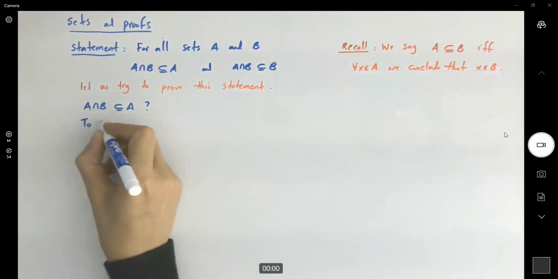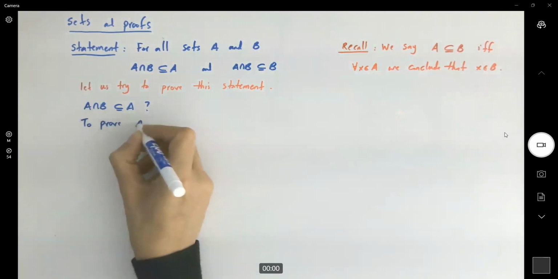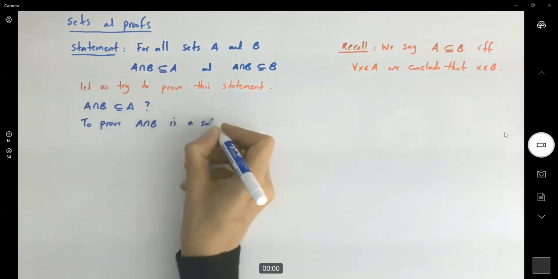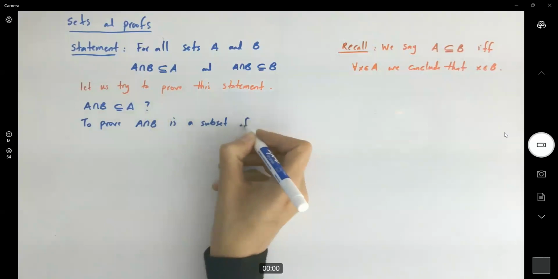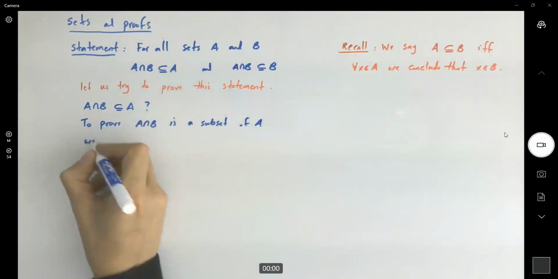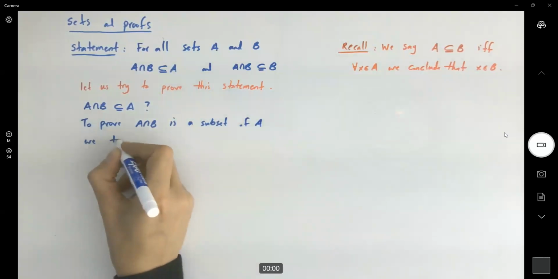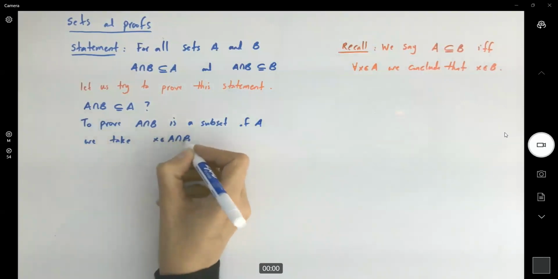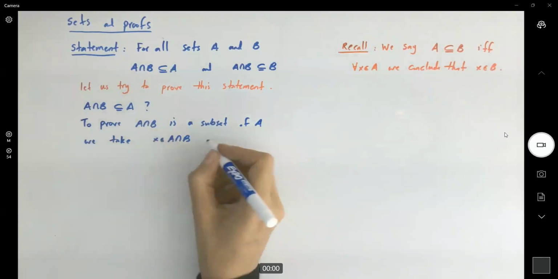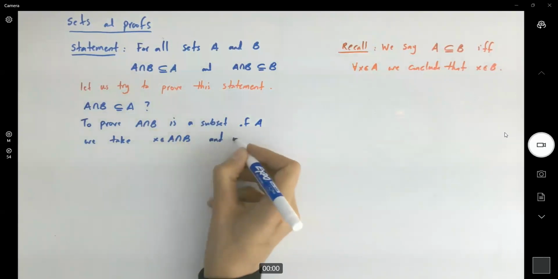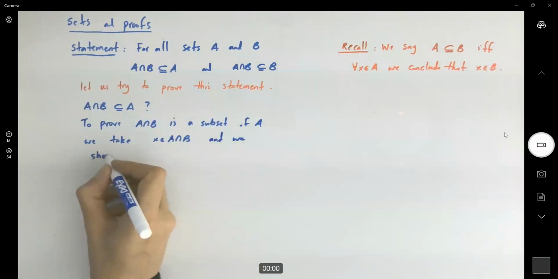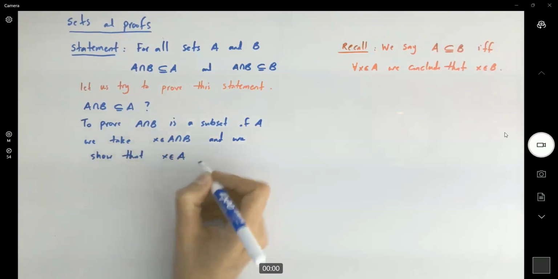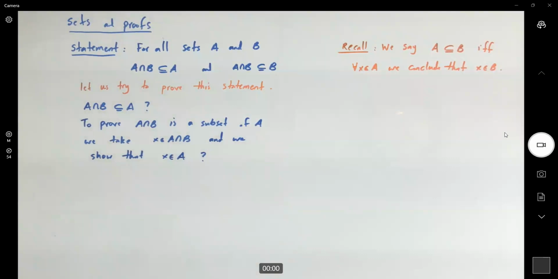To prove A intersection B is a subset of A, we take X in the intersection, in the smaller set, and we show that, so this is our goal, X belongs to A. So put a question mark here.